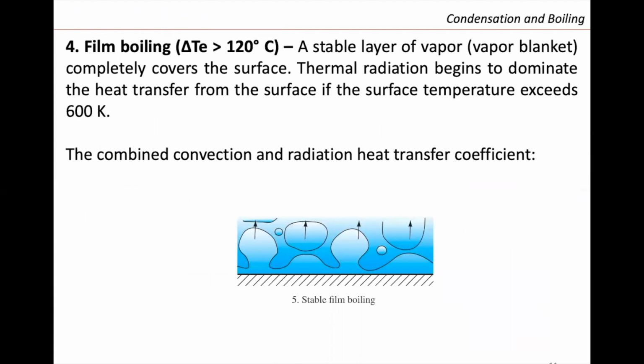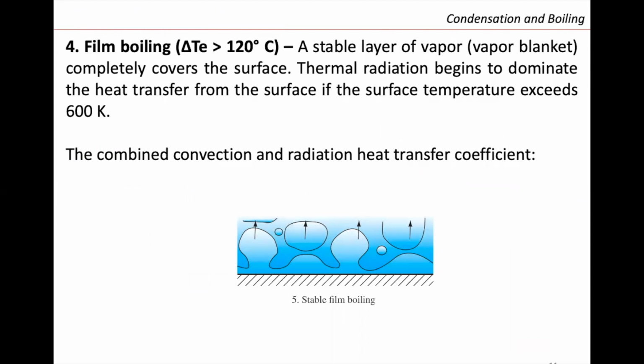Finally, we have the fourth area that occurs at temperature excess bigger than 120 Celsius. In this area we have a stable layer of vapor, or a vapor blanket, that completely covers the surface.